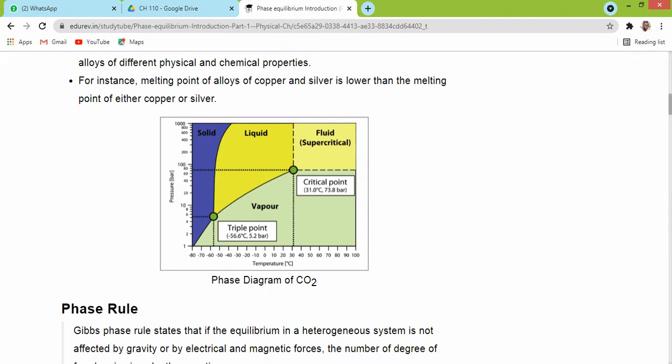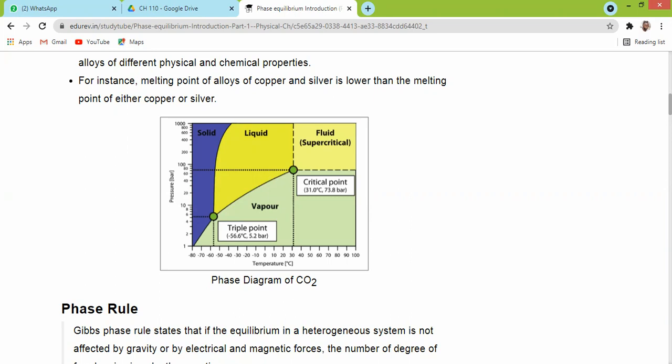So every time a question is asked, the point beyond this line, for carbon dioxide, becomes a supercritical fluid beyond 30 degrees Celsius and a pressure above 80 bar.